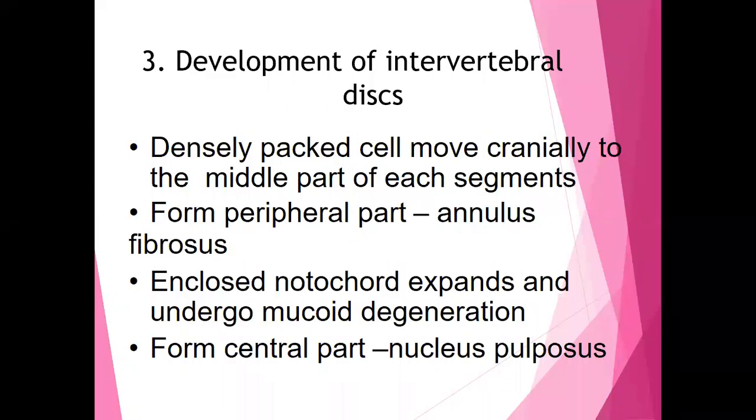So from this tightly packed tissue, some densely packed cells move cranially to the middle part of each segment and form the peripheral part, and in between there is the notochord, so at the periphery we will have the annulus fibrosus. The enclosed notochord expands and undergoes mucoid degeneration and forms the central part, the nucleus pulposus.